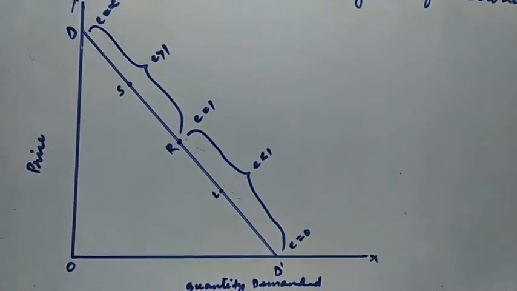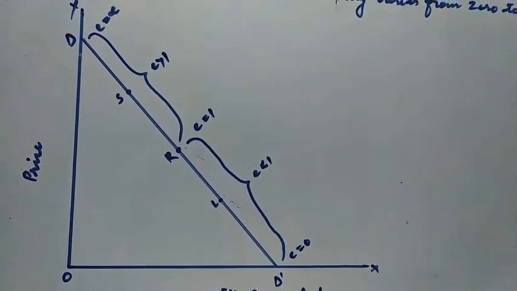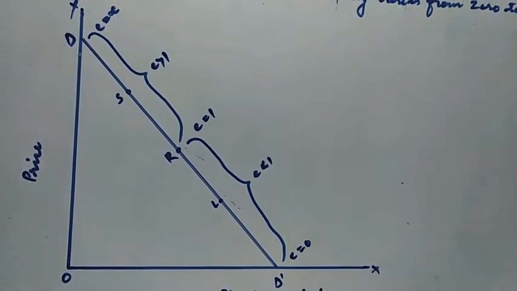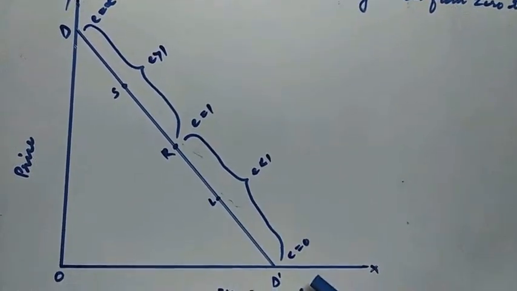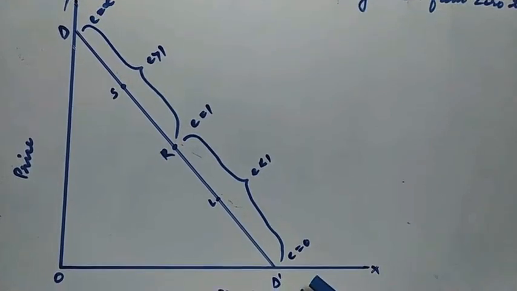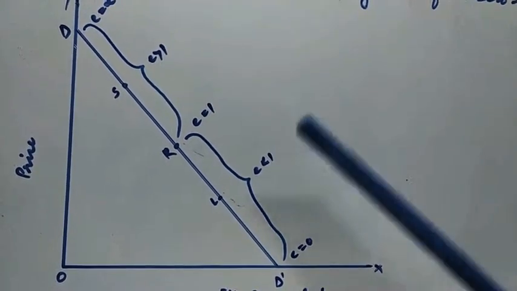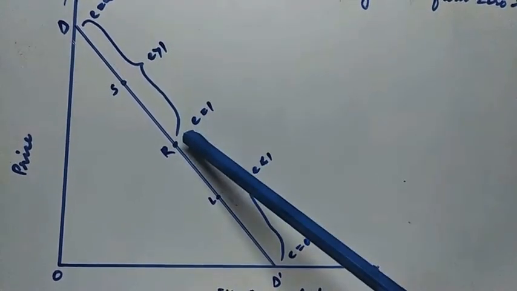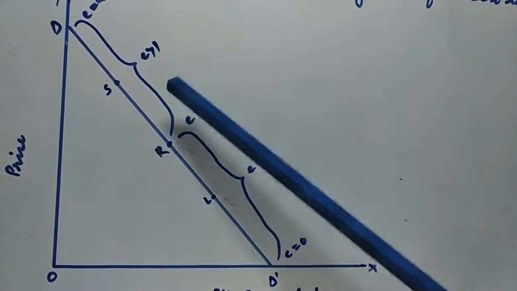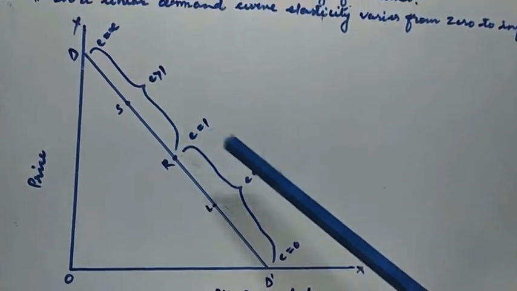So we can conclude that price elasticity, which is equal to RD dash divided by RD, will be equal to 1 at the middle point of the straight line demand curve. So that is the first case.